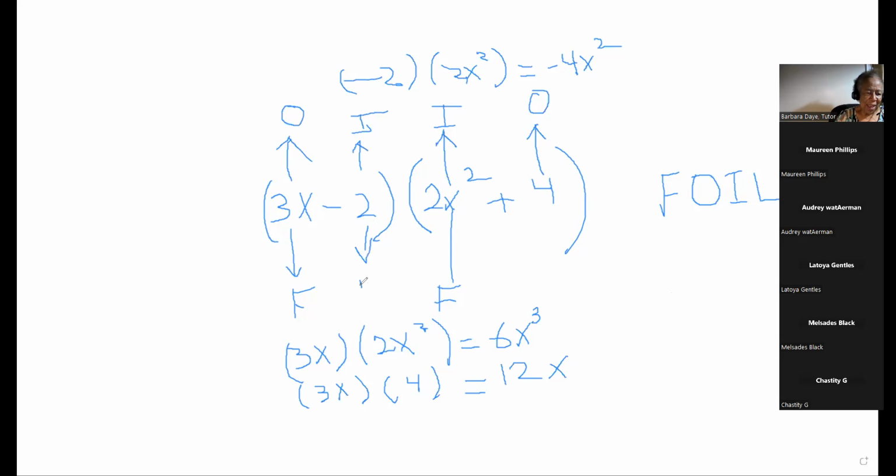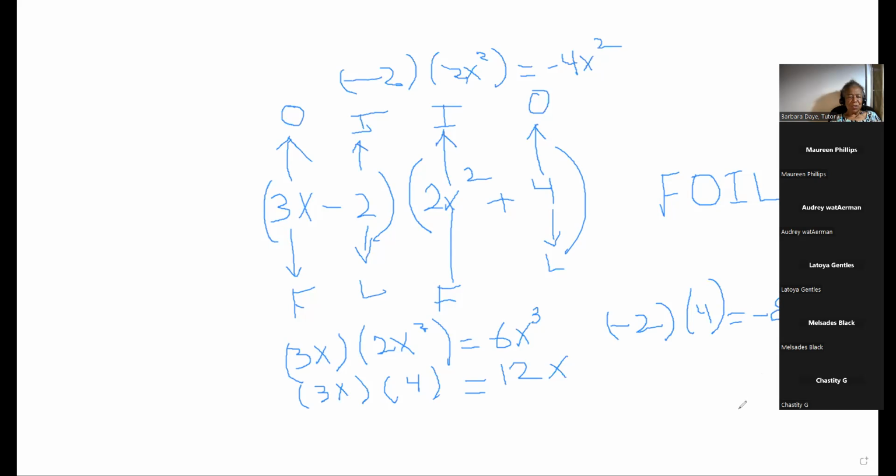So we put an L here. And a minus 2 times a plus 4 is what, Mercedes? That would be minus 8. That's it. Plus times minus gives minus. So that's equal to minus 8.